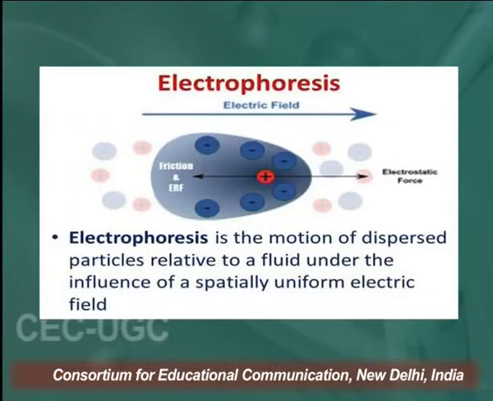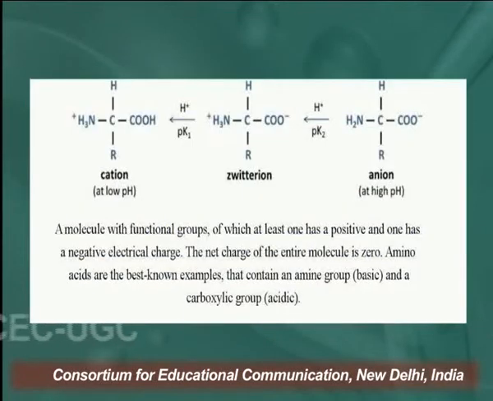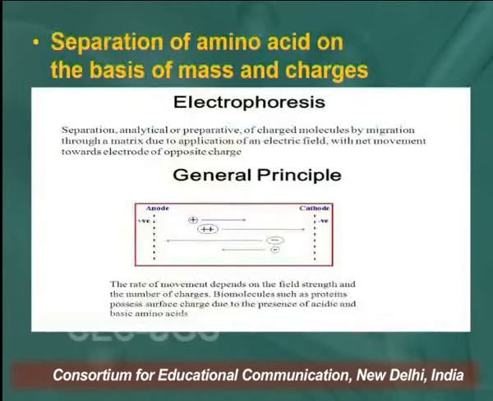Electrophoresis is the motion of dispersed particles relative to a fluid under the influence of a uniform electric field. So here you are looking at the Zwitter ion. For the movement during electrophoresis, movement of protons from the cationic and the anionic forms takes place.